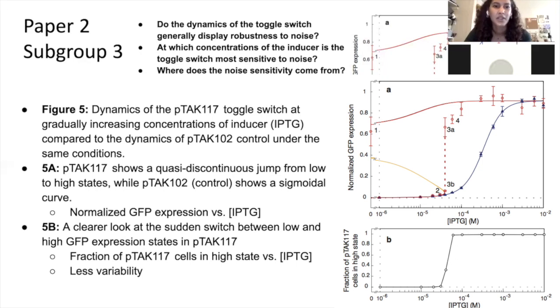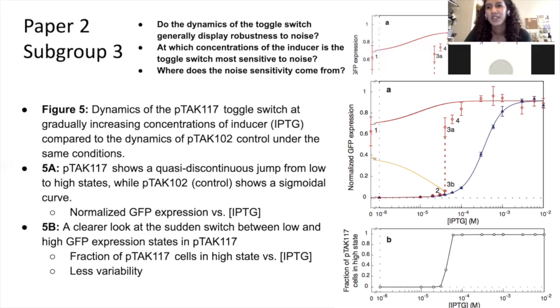Next, for figure 5B, we're seeing a clearer look at the discontinuity between the switch from low states to high states at this specific inducer concentration. We're just looking at the fractions of PTAC 117 cells in high state versus low state.